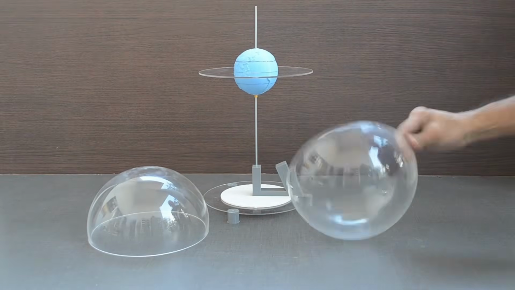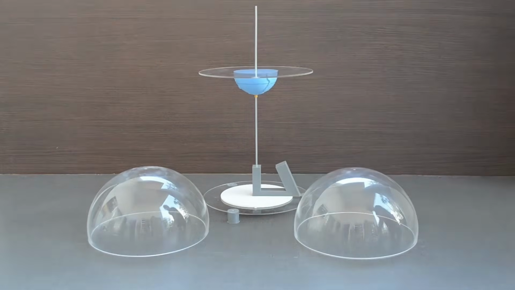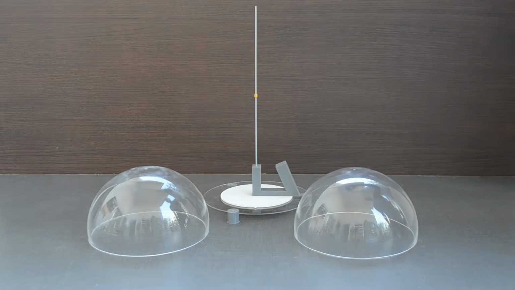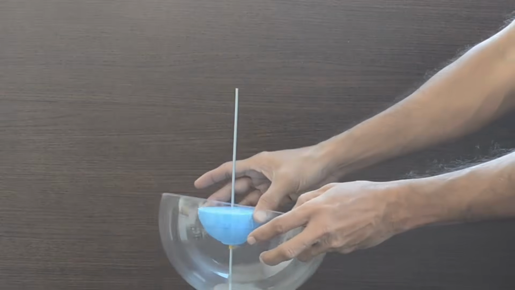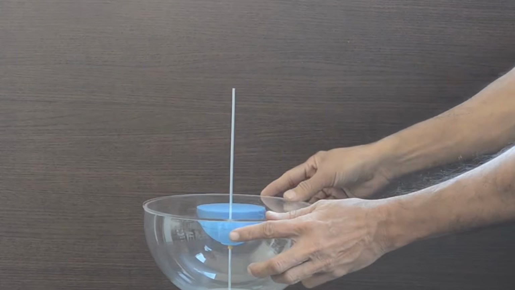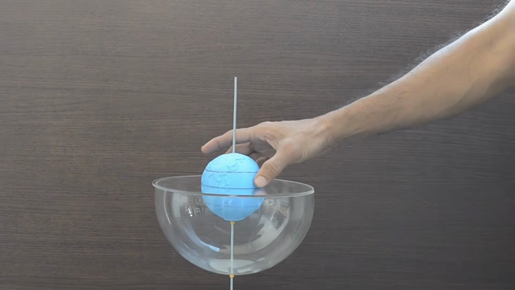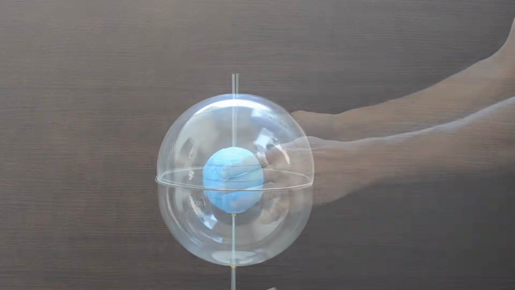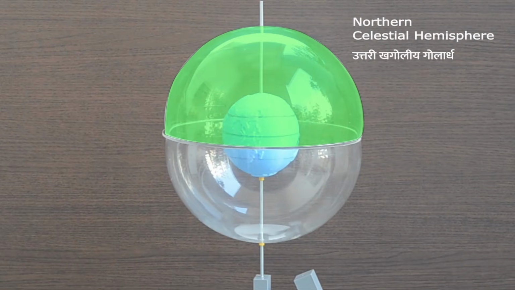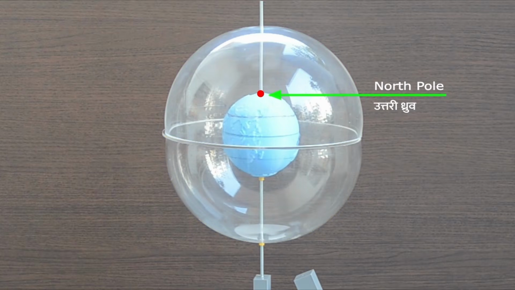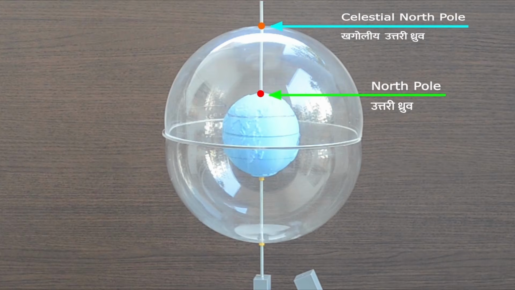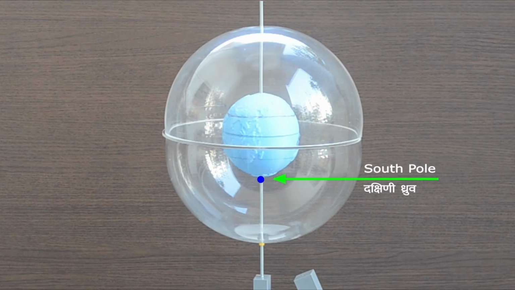These large acrylic hemispheres together will represent our celestial sphere. This point here represents the celestial North Pole, while this one celestial South Pole.